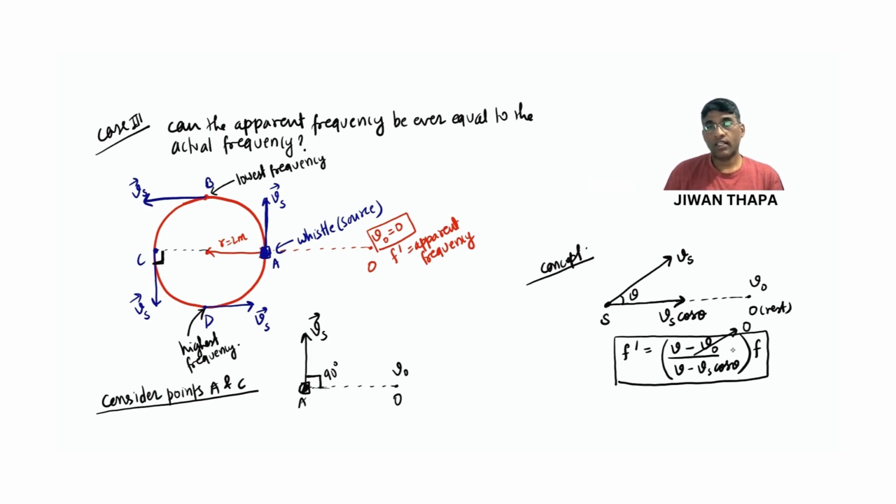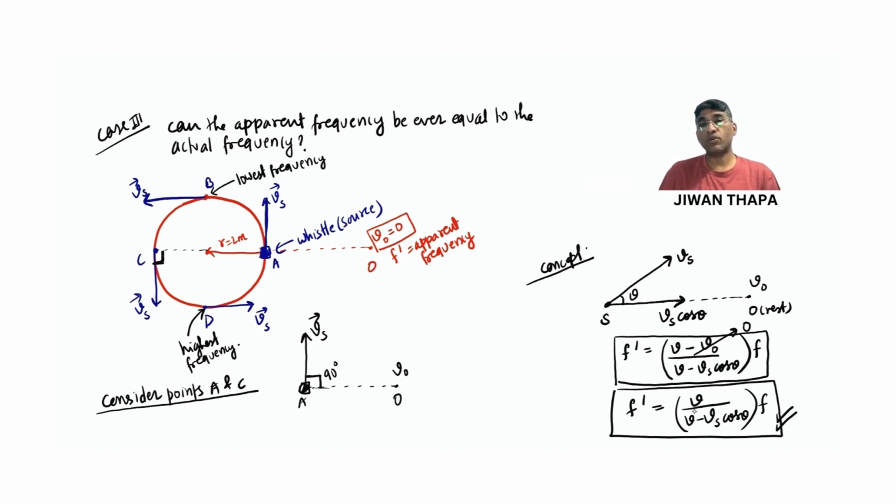Therefore, f dash equals V divided by (V minus Vs cos theta), times f. Now we are going to use this concept or formula in this problem, and we generalize it with reference to this problem.